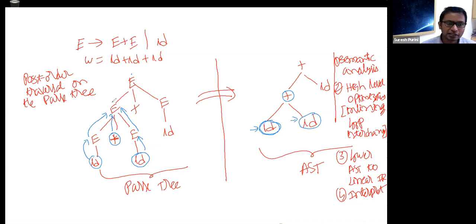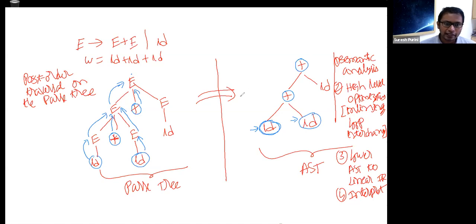And then it passes the pointer to the plus node up to the parent. The same thing happens here: when the post-order traversal algorithm visits plus, it creates an AST node plus, and it passes the pointer to this node up to the root.